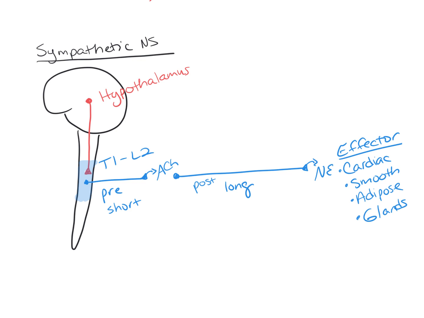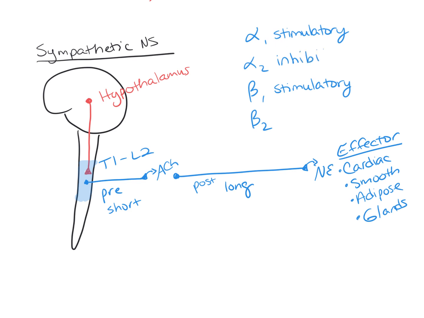There are four main receptors on these effectors. There's alpha 1, alpha 2, beta 1, and beta 2. Alpha 1 and beta 1 are always stimulatory. Alpha 2 and beta 2 are always inhibitory.